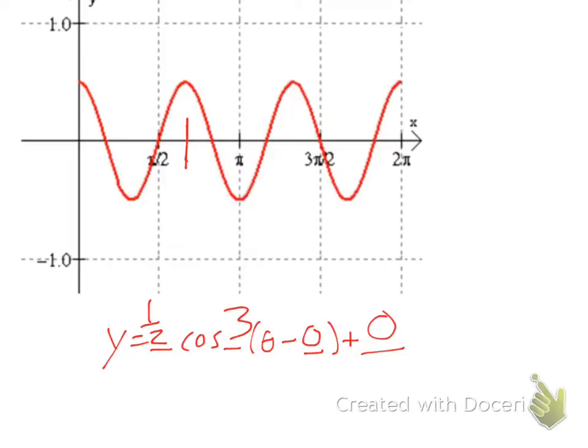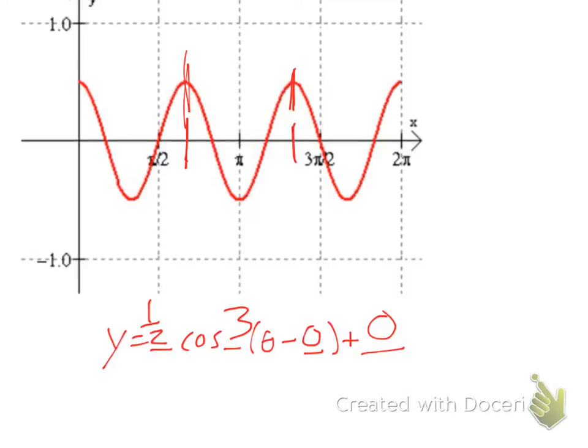Now, why is it a 3? The reason why I didn't trust my numbers is because it didn't give me a good stopping point. I don't think this hill or this hill gives me a good point that I want to use. So I have to revert back to how many did fit inside a normal 2 pi.